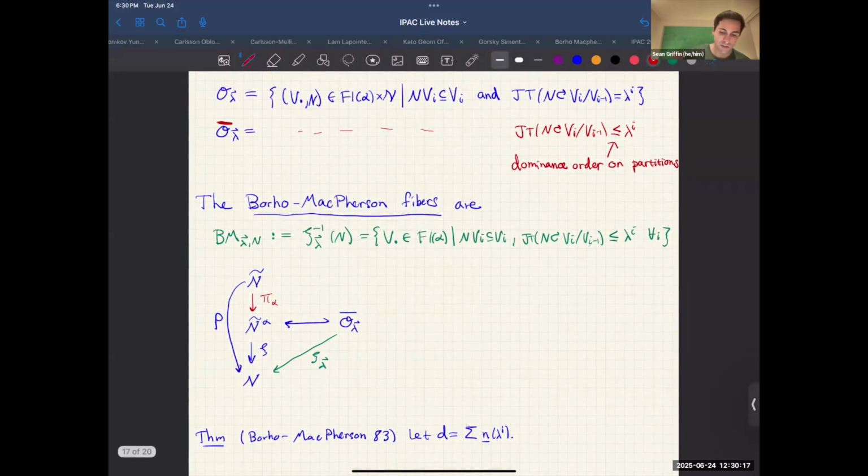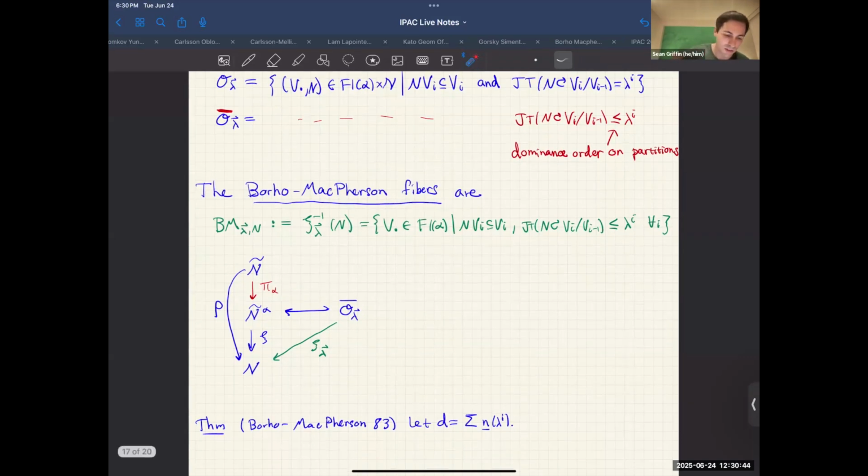And so we've already talked about fibers of this map, and I just defined fibers of this map over strata. But the third part of the picture is fibers over this map, going from full flags to partial flags. And we also need that data in order to relate all three maps. So what does the fiber over a pair, a flag and nilpotent matrix, look like?